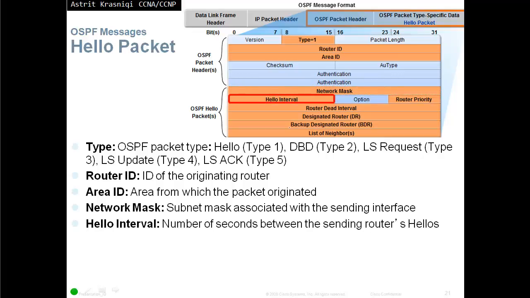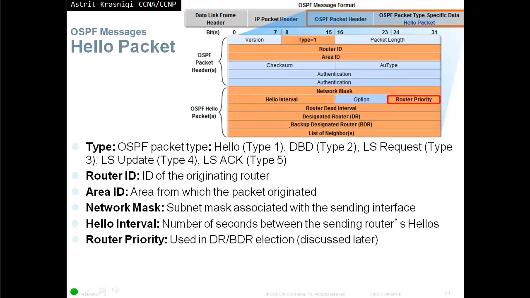Then we have the hello interval, the number of seconds between the sending router's hellos, and we have the dead interval. Down here it doesn't show, but it's the router dead interval: how long we have to wait before we declare the neighbor down. Then router priority, which is used for the DR and BDR election. We're going to talk a little bit more about that very soon. But by default, router priority is 1.